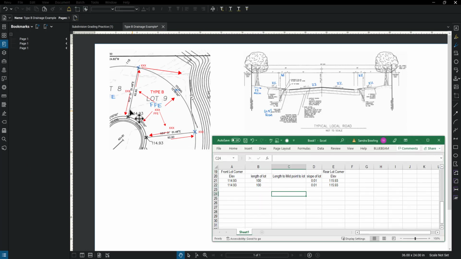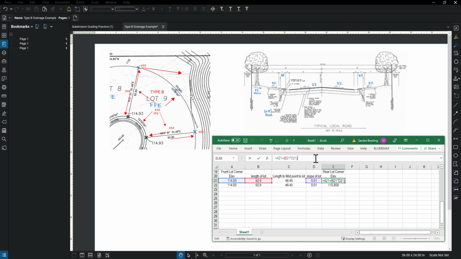We'll start with the 114. We know the total length of the lot is 92.90 on both sides. I'm going to take that and divide it by 2 because I want the midpoint of the lot. Minimum slope is 1%.